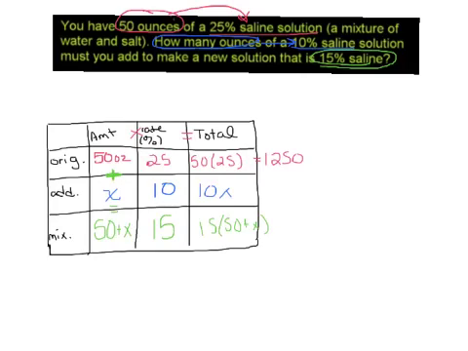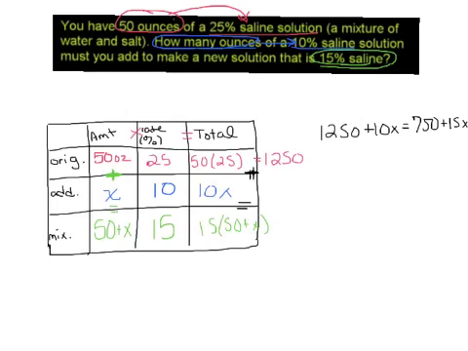The same thing happens here as in the first column: the original total plus the 10x will equal what's in the last box. So 1,250 plus 10x will equal 15 times 50 plus x. The 15 times 50 will end up equaling 750 plus 15x.